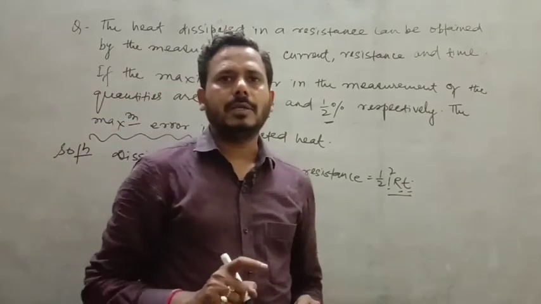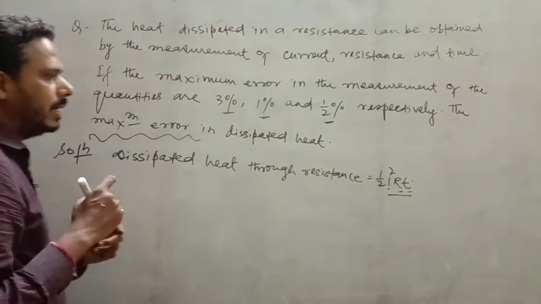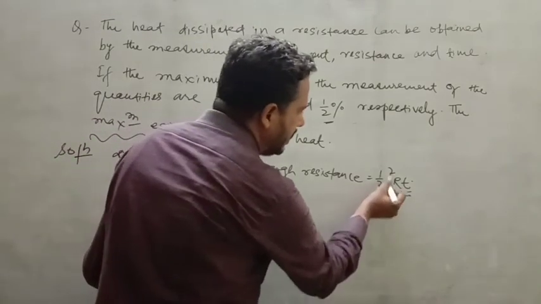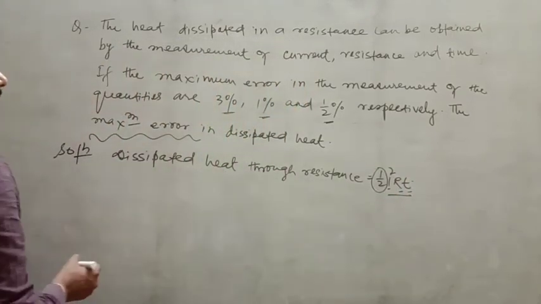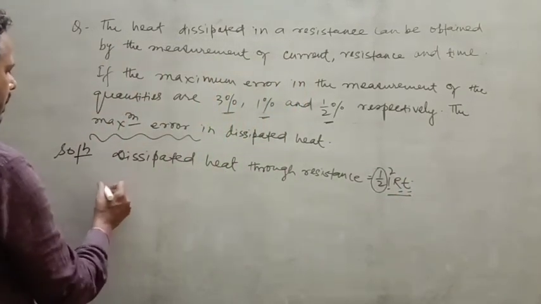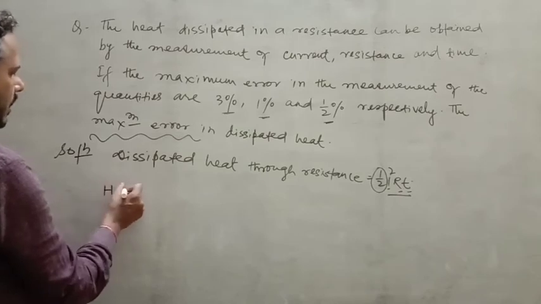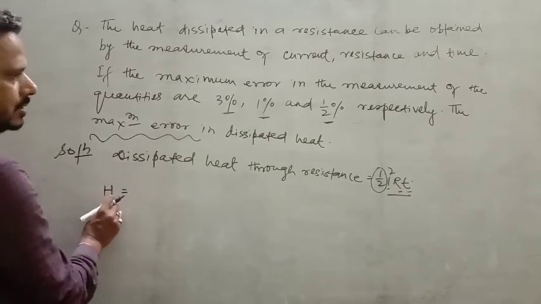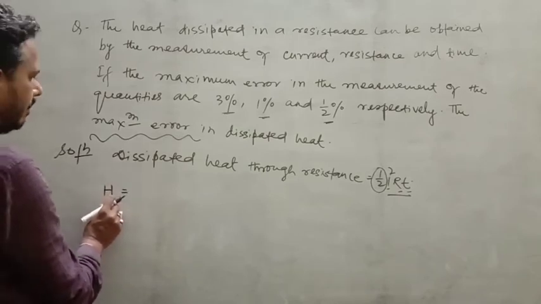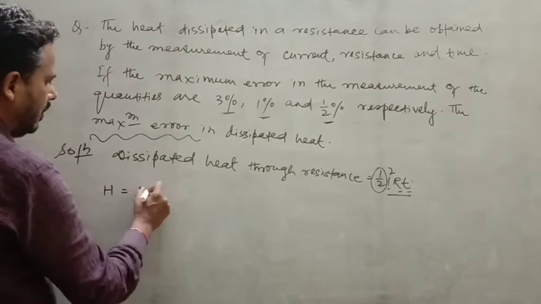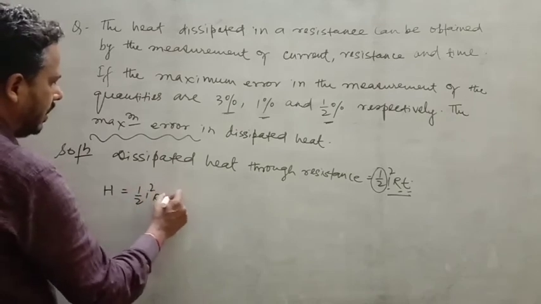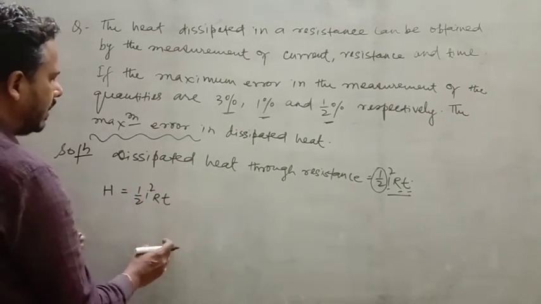Alright, so for maximum error, you no need to take this constant part. That's why you just take the dissipated heat H, because this is heat energy, so H is equal to half I square RT. But for the maximum error you don't have to take half.